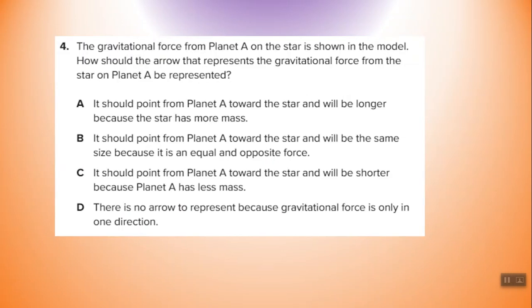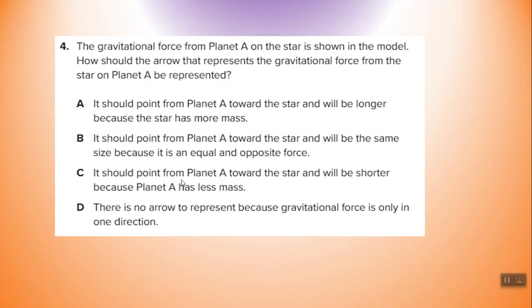And question number 4. The gravitational force from planet A on the star is shown in the model. How should the arrow that represents the gravitational force from the star on planet A be represented? A, it should point from planet A toward the star and will be longer because the star has more mass. B, it should point from planet A toward the star and will be the same size because it is an equal and opposite force.